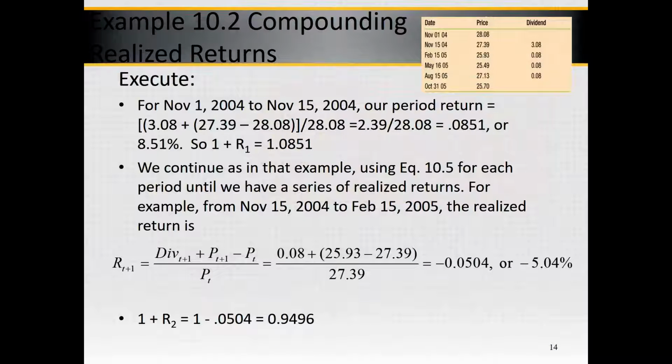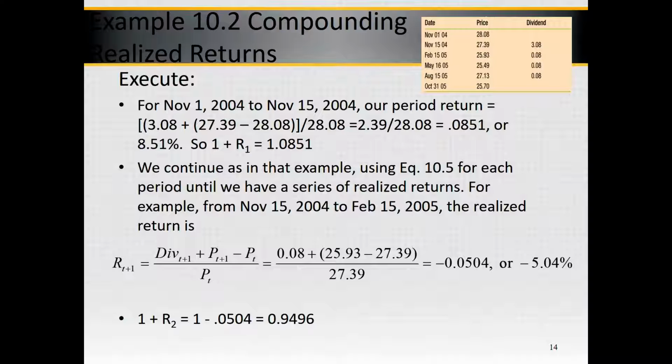So for example, for November 1st, 2004 to November 15, 2004, our period return is the dividend of $3.08 plus our capital gain, which in this example is a loss: $27.39, the price on November 15th, minus $28.08, the price on November 1st when we bought it, all divided by $28.08, the price we paid, because our yield is based on the price we paid.